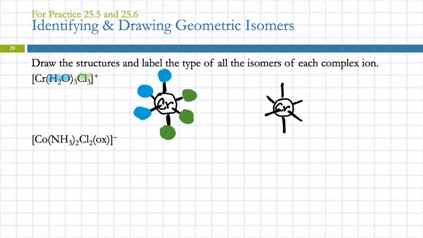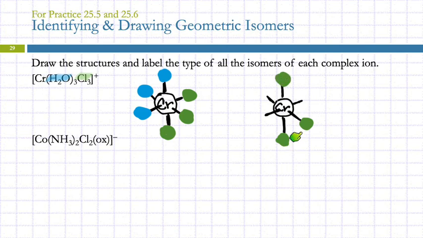So, which kind of an isomer is this one? That's the face isomer, because these 3 are in the same face, and these other 3 are in the same face. So then what I'm trying to do here is to draw the meridian, right? So let's try putting the chlorines like that.